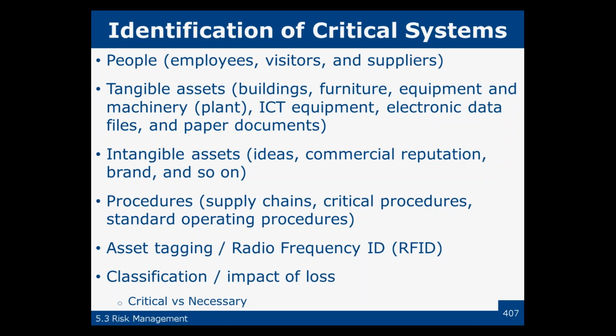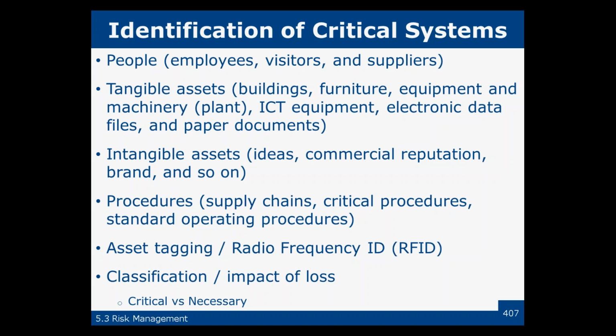Identification of critical systems. When we do this, people are always going to be at the top of the list because the people are what really make the company run. The safety of the people should always be the first concern.